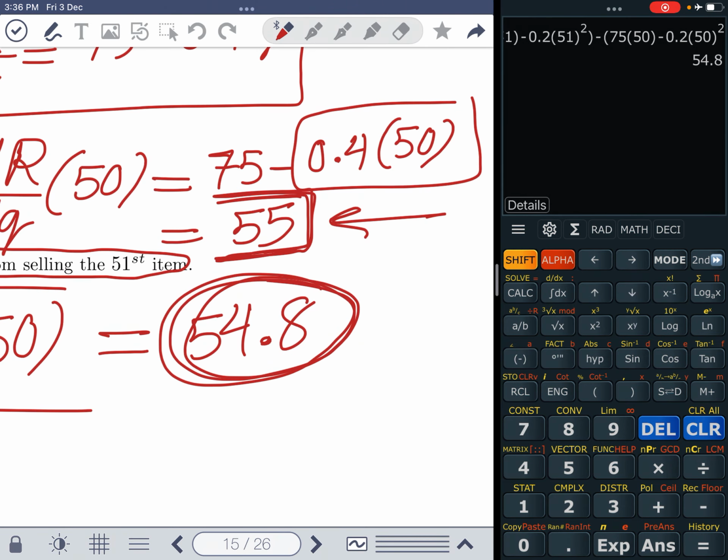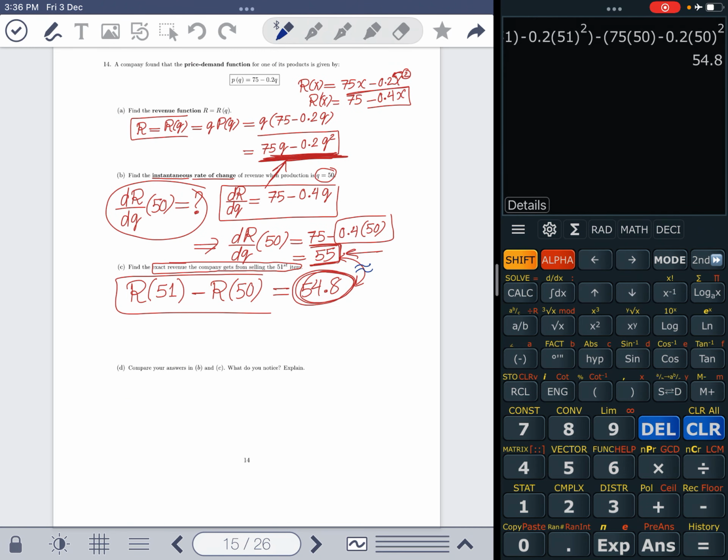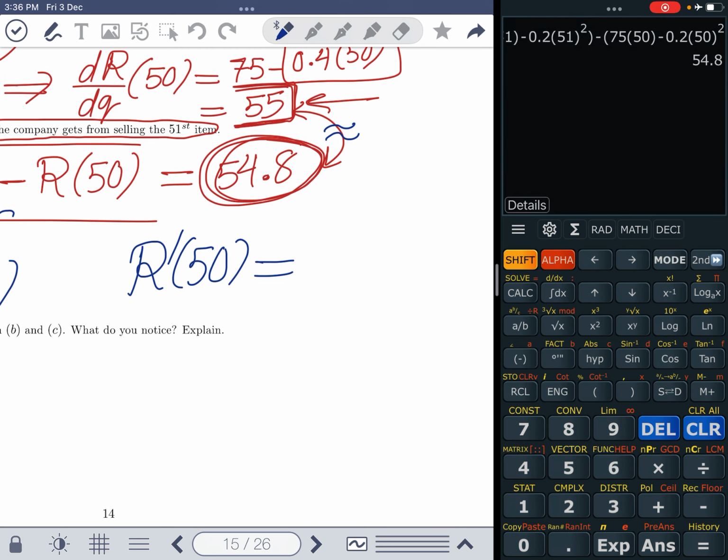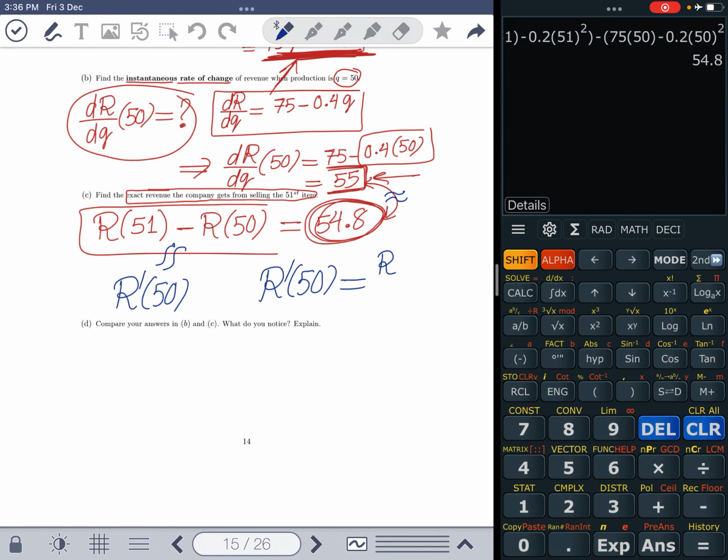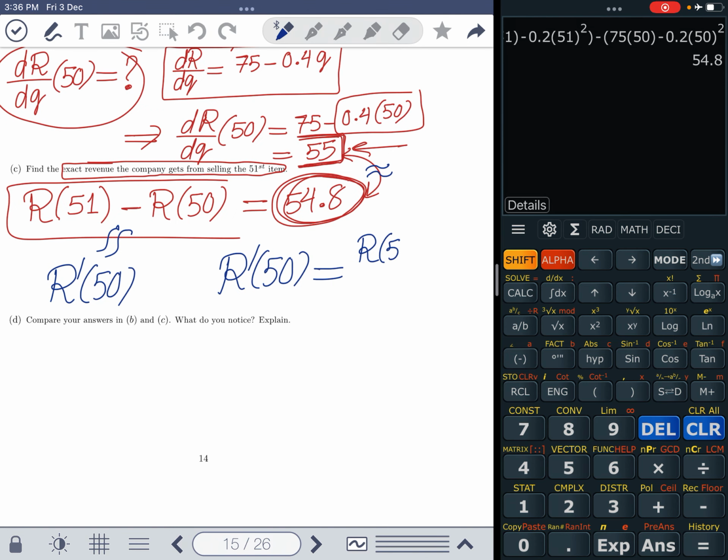But notice, they are very close to each other, because this is close to R prime at 50. R prime at 50, the marginal revenue at 50, a way to compute it would be R of 51 minus R of 50 over 51 minus 50, because you want the instantaneous rate of change.